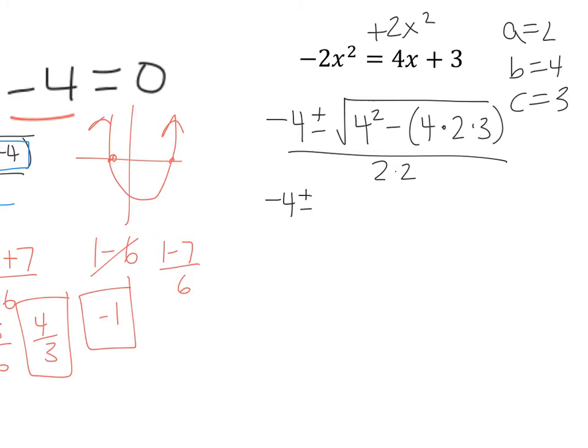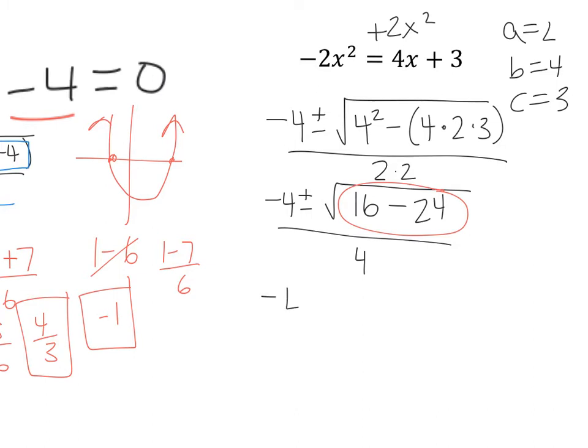Negative 4 plus or minus the square root of 16 minus 24, all over 4. Okay, so now I got a new situation that we didn't do in algebra because we didn't do imaginary numbers. We just did real numbers, but now our solution's going to be complex. So it's going to be negative 4 plus or minus the square root of negative 8 over 4.